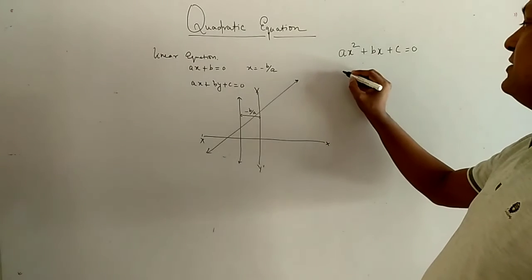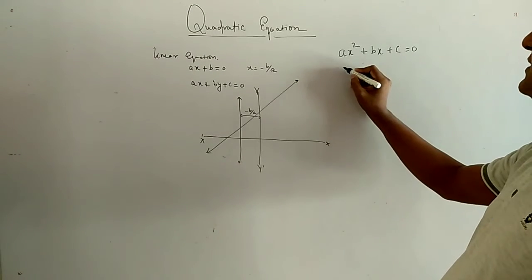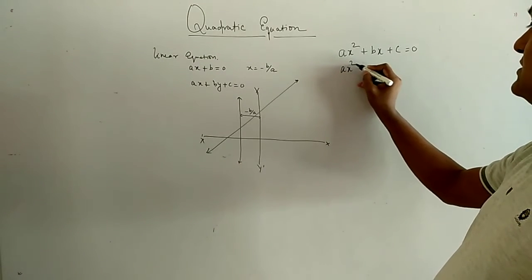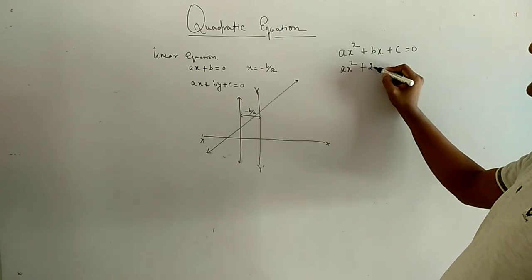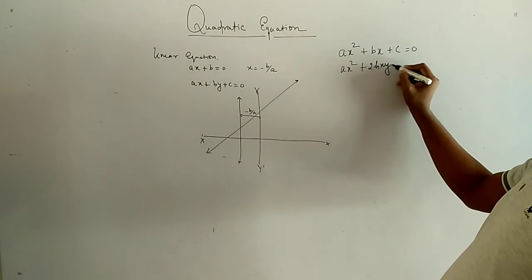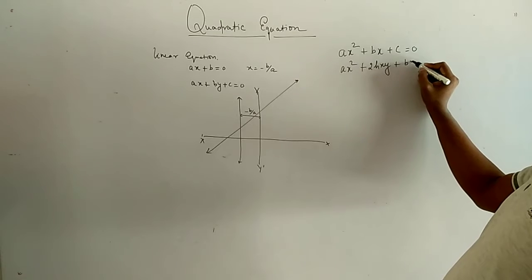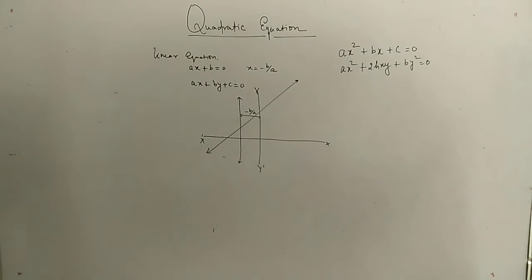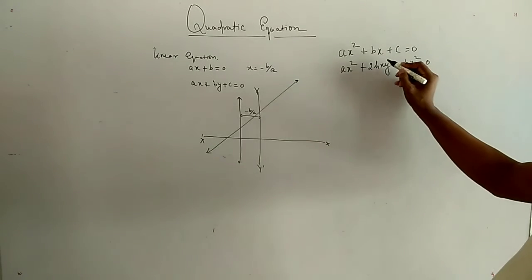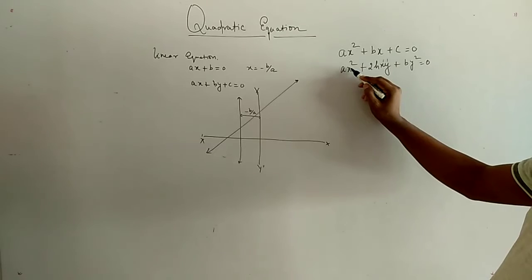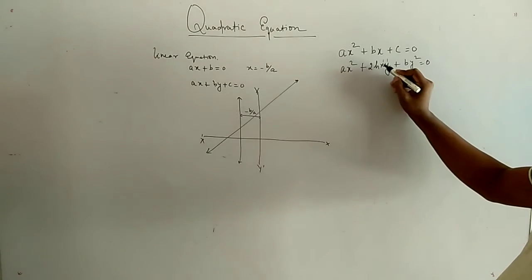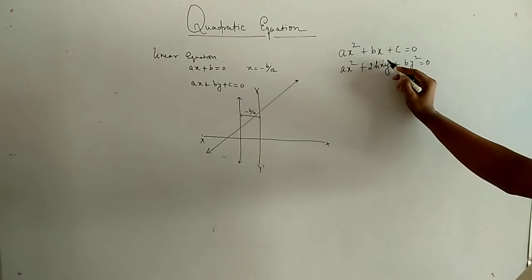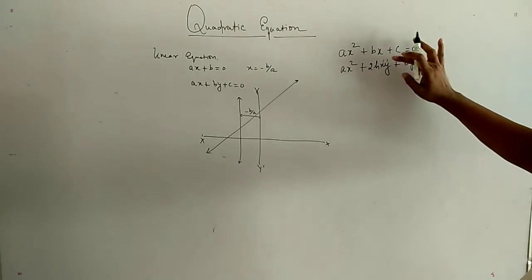We can also have a quadratic equation with two variables, which goes like ax square plus 2hxy plus by square equal to 0. This is also a homogeneous quadratic equation, because the total order here is 2: x square is of order 2, x and y together become 2, and y square.